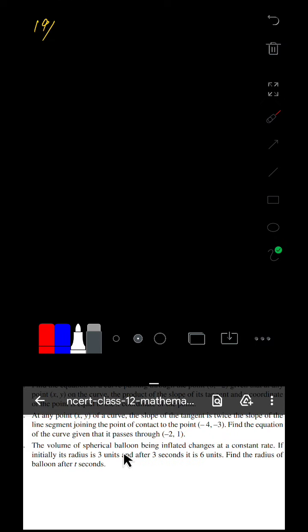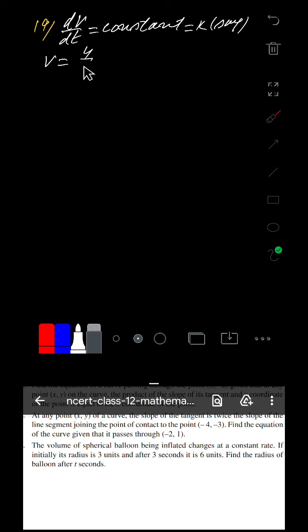The volume of a spherical balloon being inflated changes at a constant rate, dv upon dt. The rate of change of volume of a spherical balloon is constant. Let it be k. Since the balloon is spherical, its volume is equal to 4 upon 3 pi r cube. So d upon dt of 4 upon 3 pi r cube is equal to k.